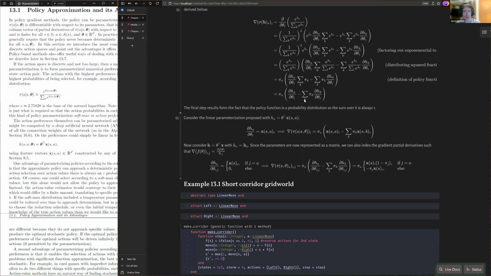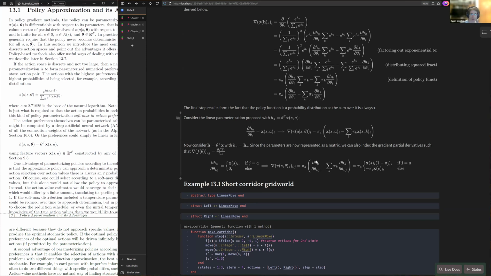This sum only matters when k is equal to j, so it gets reduced to this when k is j. And then some of these partial derivatives end up being 0 as well.